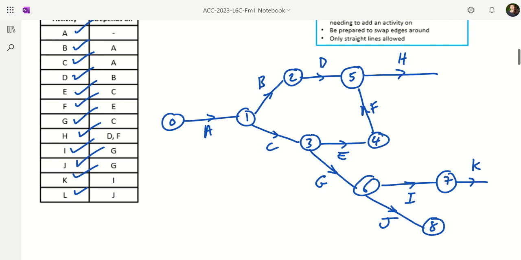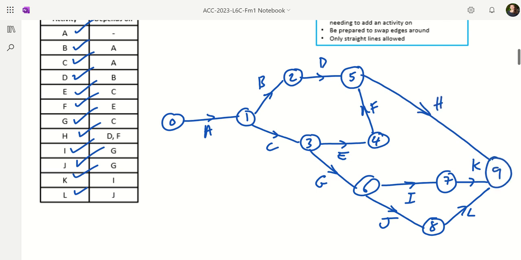So I'm just going to redraw L up here like this, and I'll redraw H down to join those two. Whoops, I told you straight lines only, didn't I? So I better try and do that nicely. H. Okay, and that will be node number 9. So that is my activity network for this process.